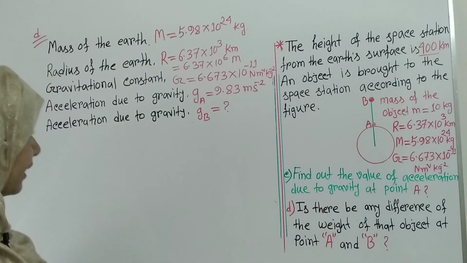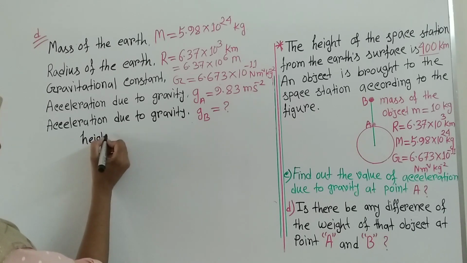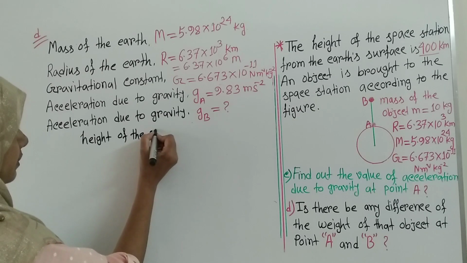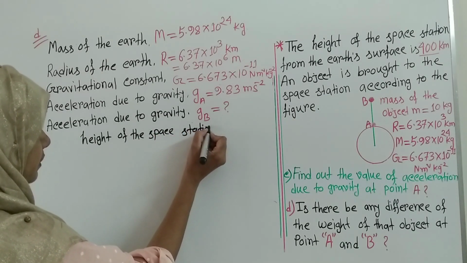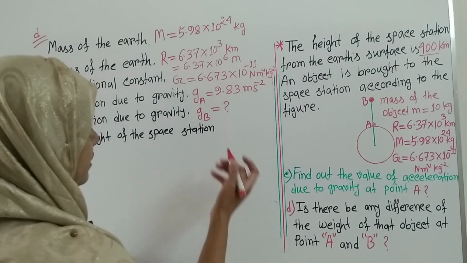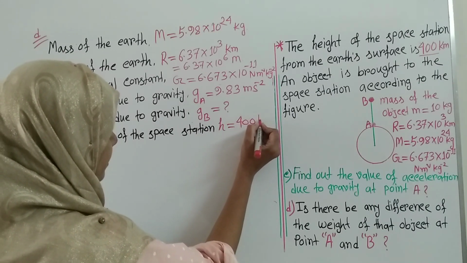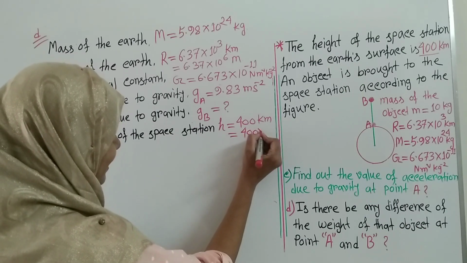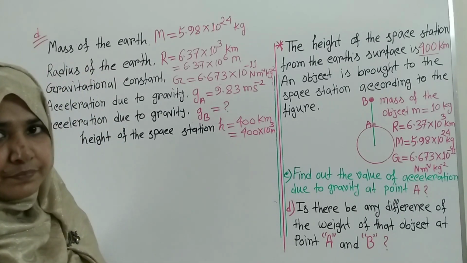So we can write that the height of the space station, if we denote it by h, then the value of h is given here 400 kilometer. Now we can write it as 400 into 10 to the power 3 meter.